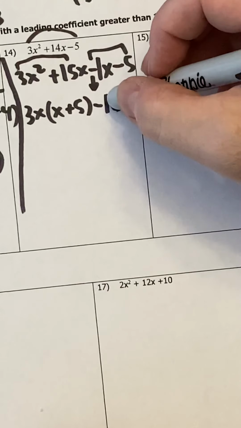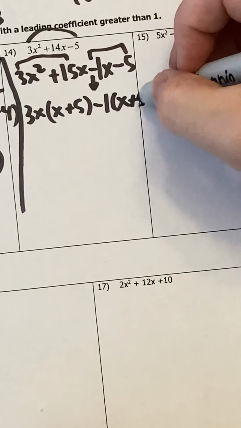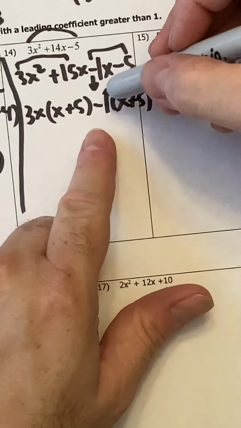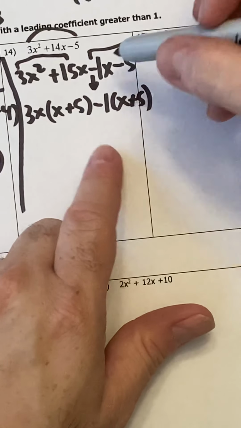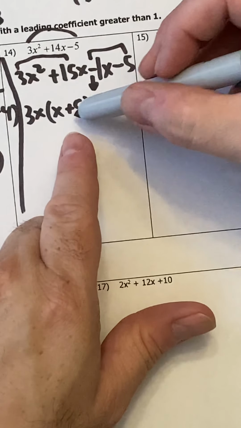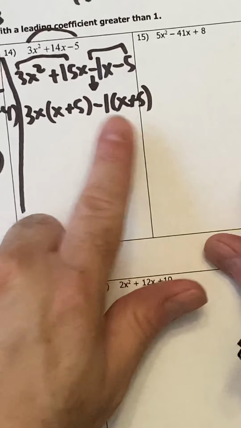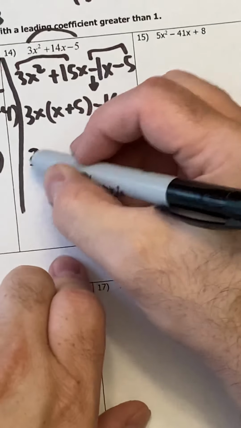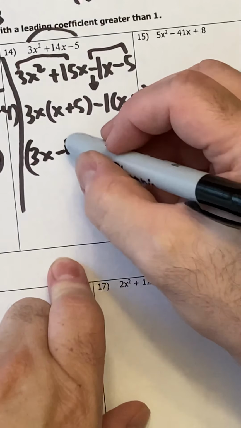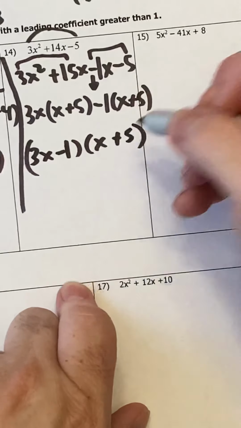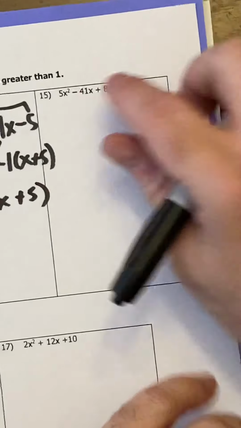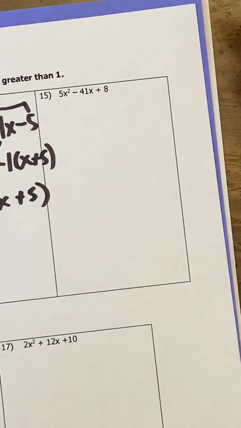Negative 5 divided by negative 1 is positive 5. So notice, even if there was a negative here, it's still going to turn into whatever is there. So a shortcut trick is, if you've done this correctly, whatever is here has to go there. Now you get 3x minus 1 as one factor and x plus 5 as the other factor. Again, you can try this last problem if you like.